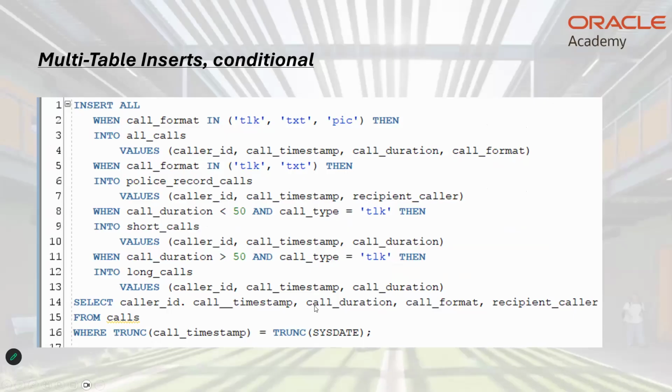When it's greater than 50, it's long calls, etc. So this is a very good example, a kind of sophisticated one where you're just setting conditions where you're inserting values from probably one table into several tables. Will you use something like this on the SQL level? Probably not. This was just an example that a student created from his Oracle database to track the types of calls.